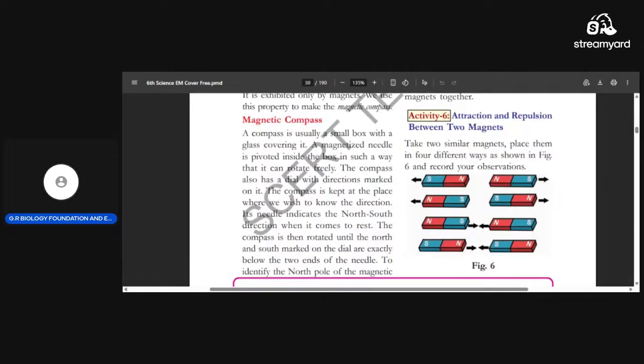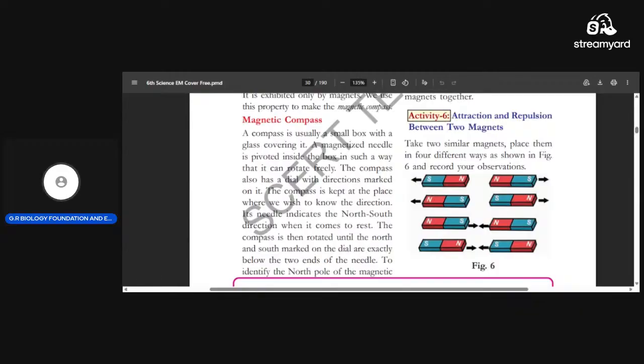So the needle rotates freely inside the glass box and comes to rest in a particular direction, that is the north-south direction. We have to wait, so it shows the north-south direction of that place.